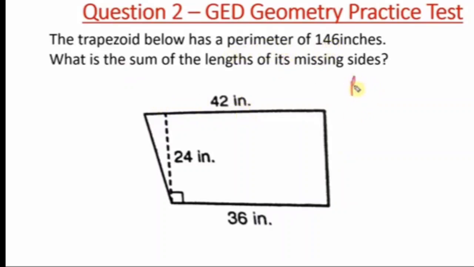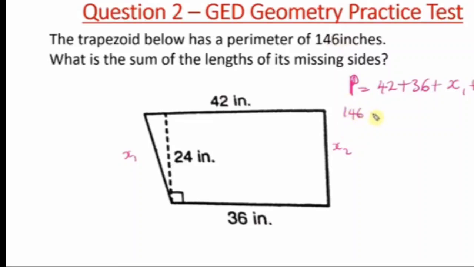P is equal to, let's give the unknown sides as x1 and x2. The known sides are 42 plus 36, then plus the unknown sides, x1 plus x2. And we've been told that P is 146, right?